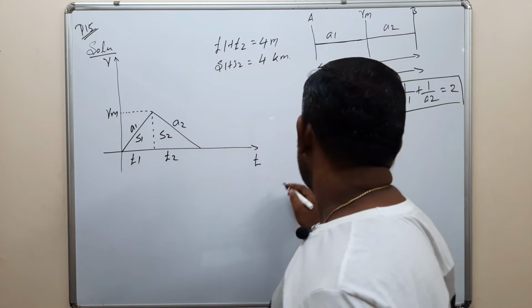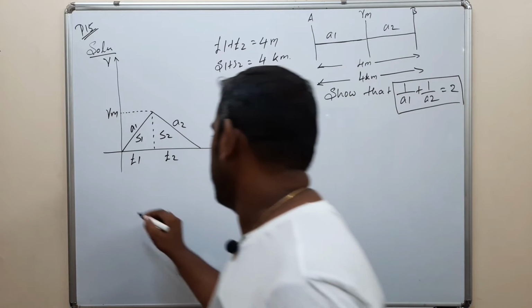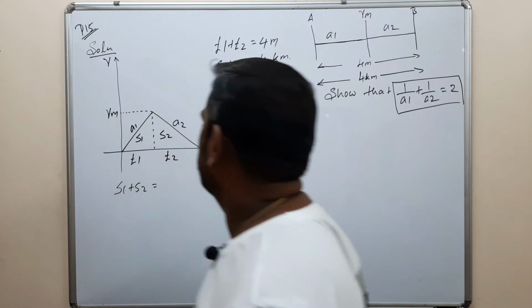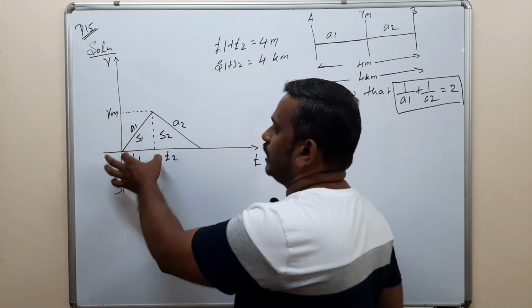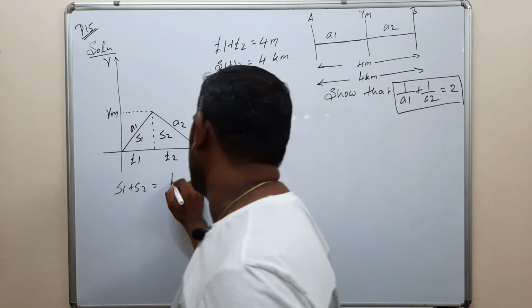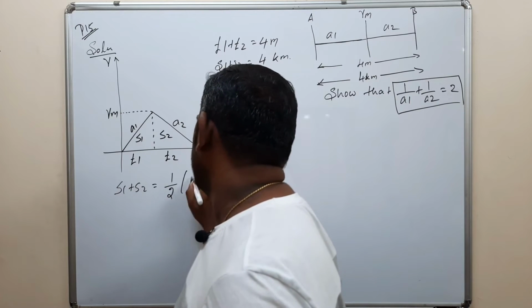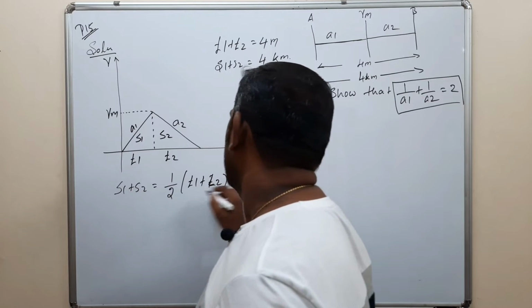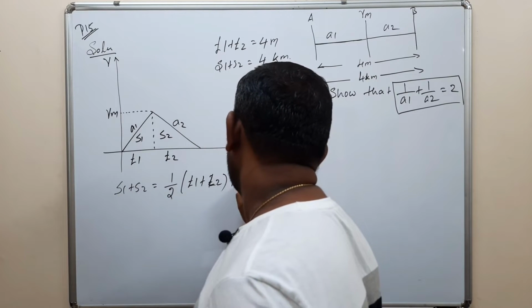So S1 plus S2, the total displacement or total distance traveled by the train, is equal to half into T1 plus T2 into the height Vm.